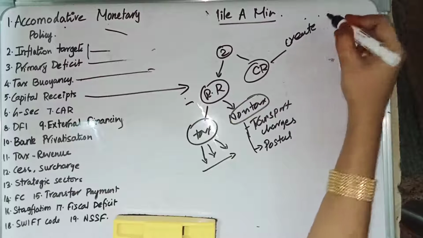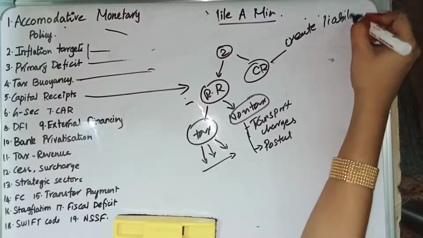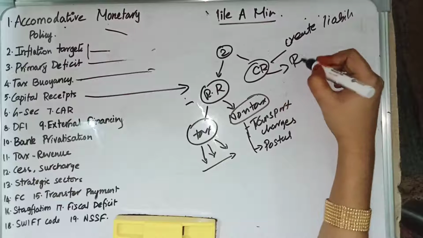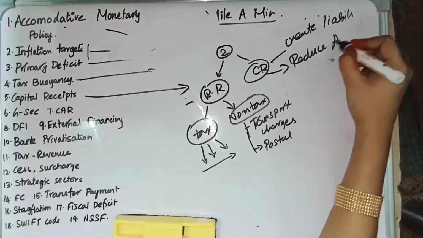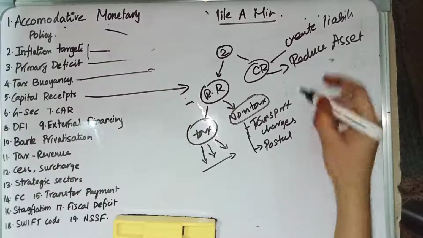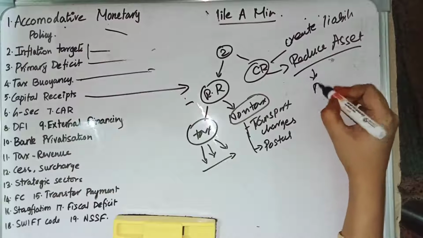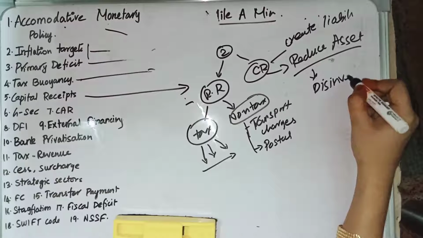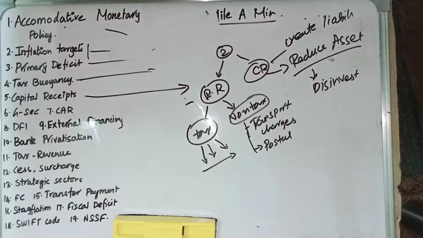There are two things it can do: it creates liabilities or else it reduces the asset. An example for reducing assets is disinvestment. Disinvestment is nothing but the government selling its share.